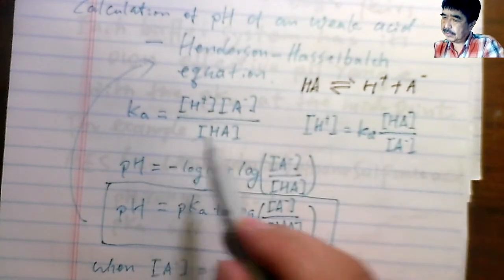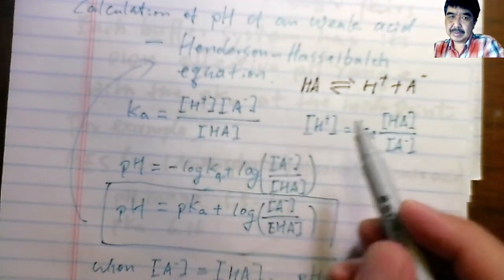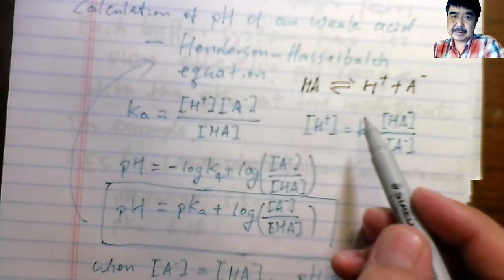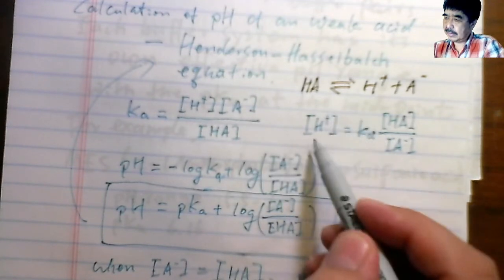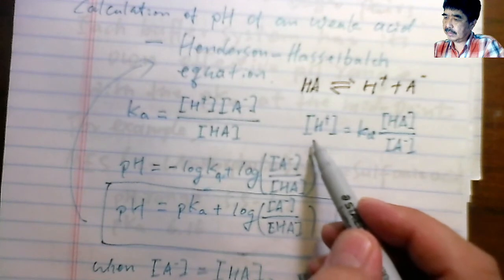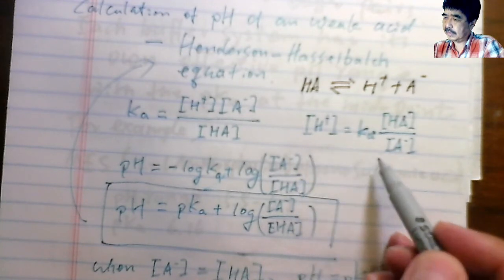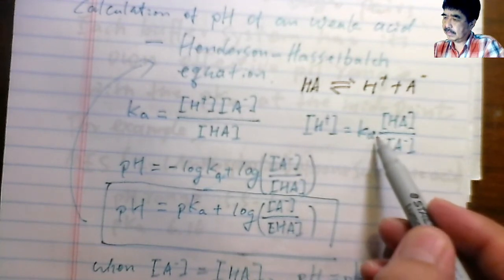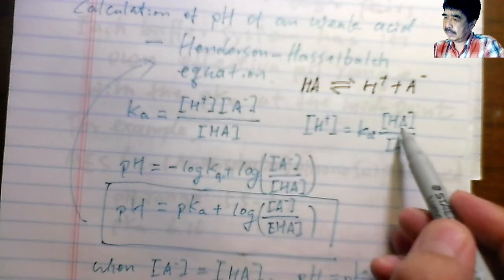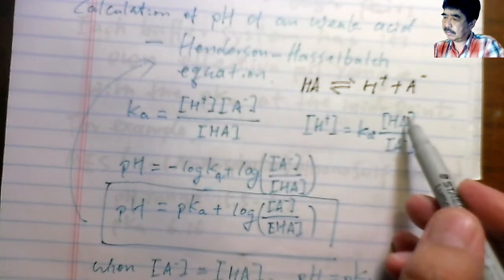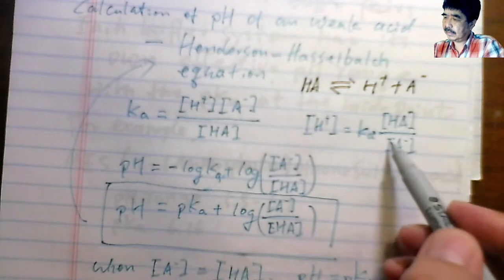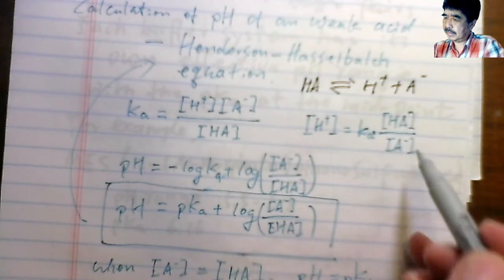After rearrangement, we calculate the concentration of the proton as Ka multiplied by the concentration of HA divided by A minus.